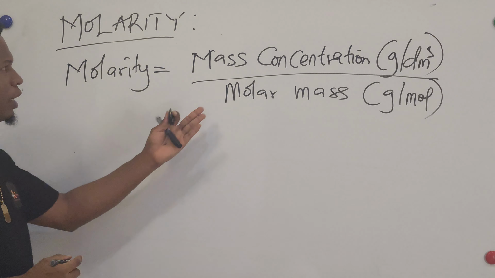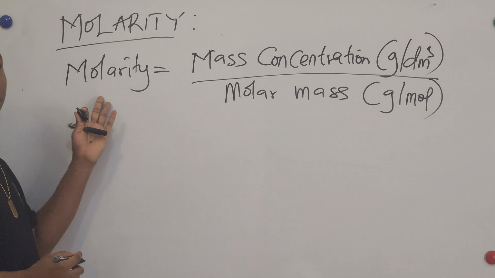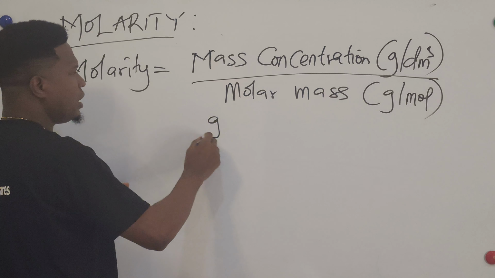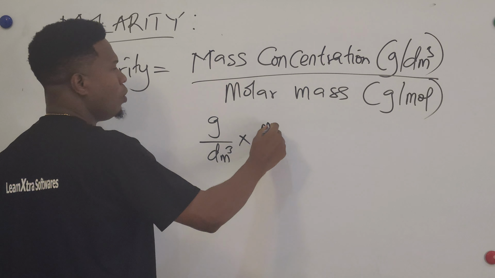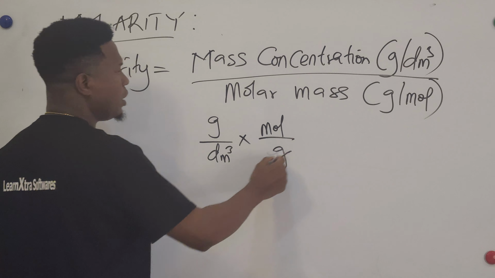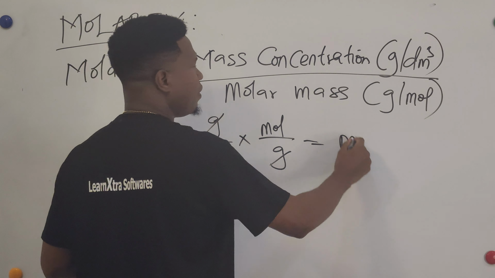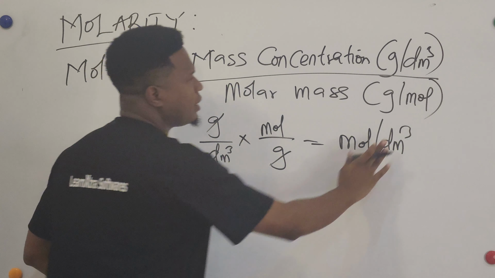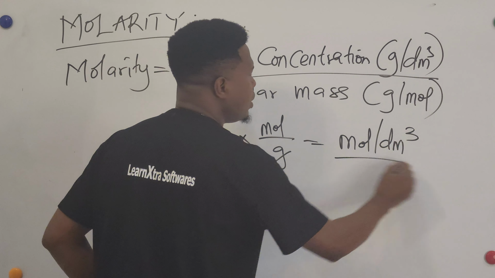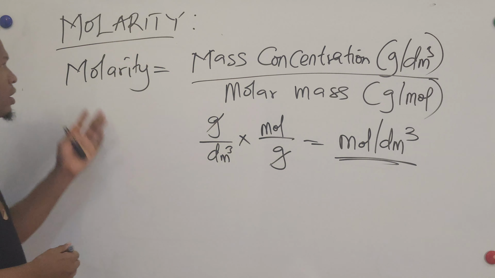When you work it out, g over dm cube times mole over g, so g cancels g. You have mole per dm cube, which is still the unit of molarity.